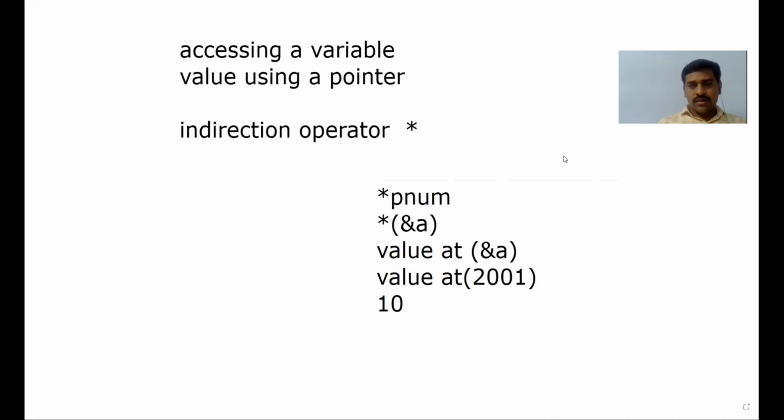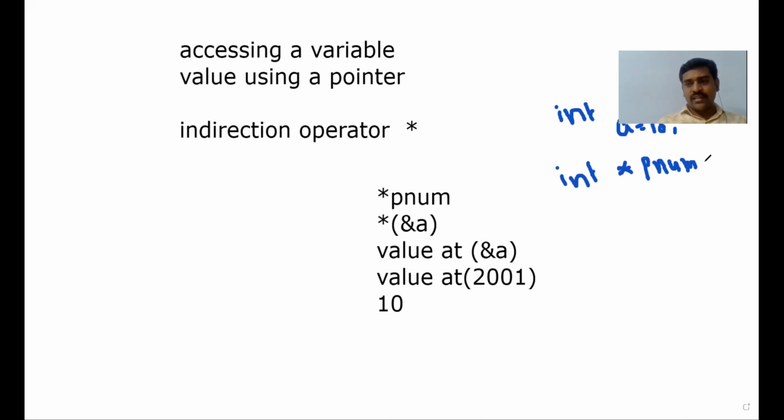So very simple. int a, that variable value is equal to 10. And we have declared one more pointer variable: int *pnum.